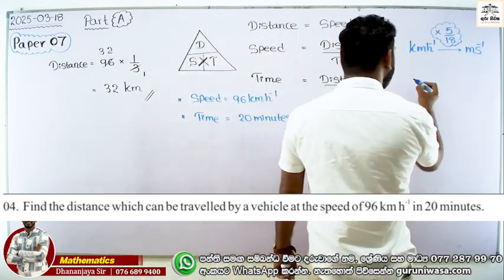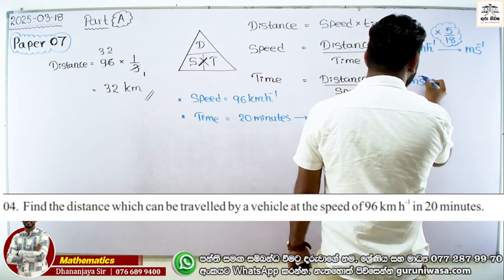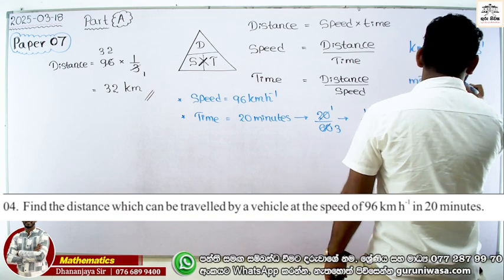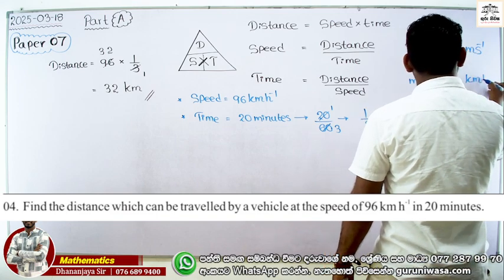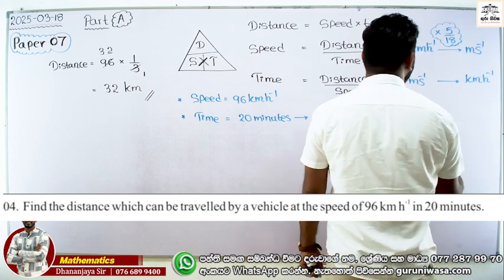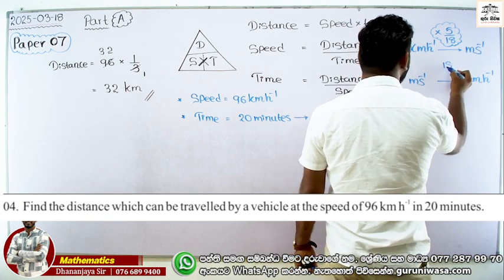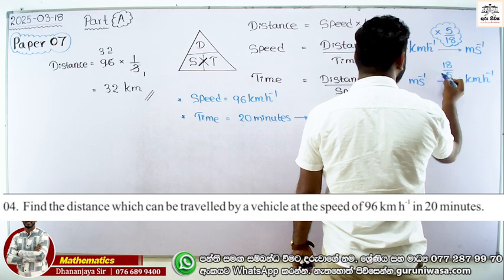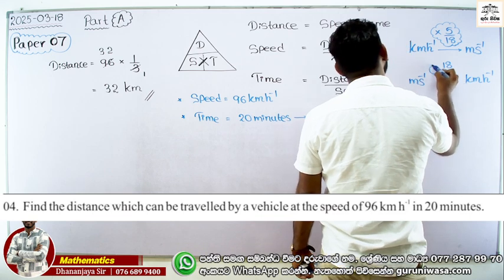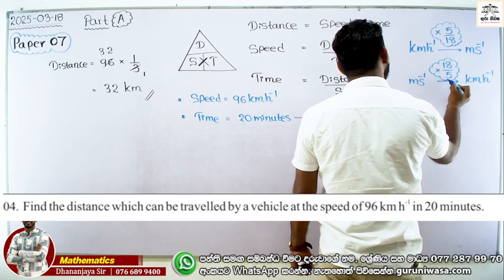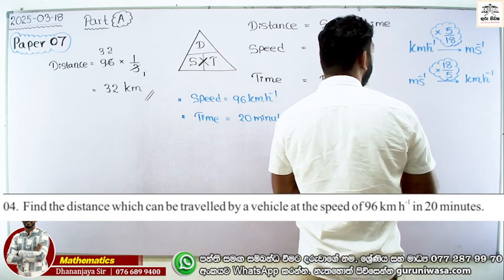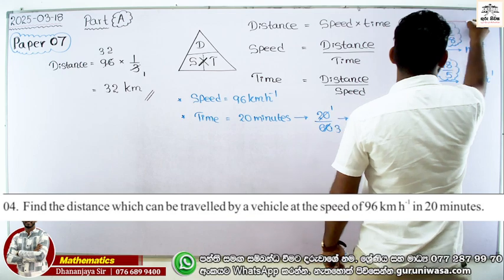And the same thing in reverse: to change ms minus 1 into kmh minus 1, you multiply by 18/5. That's the reciprocal. 18/5. And this one is important.